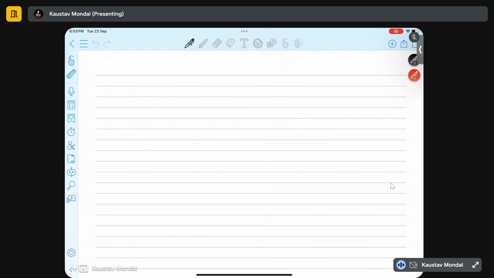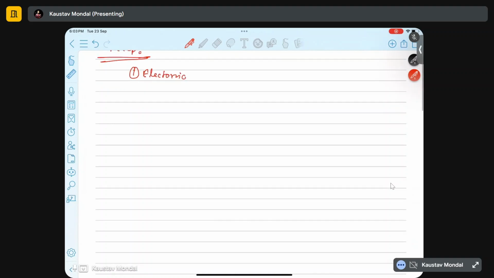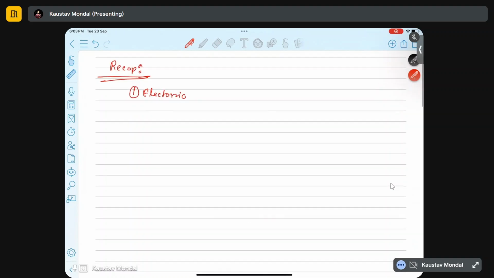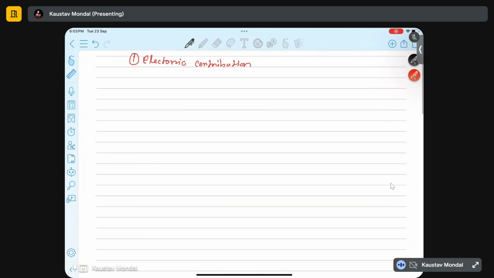Okay, so that means the electronic contribution. We discussed that the energy separation is usually very large in the electronic case.